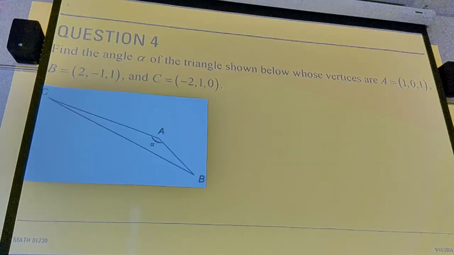But you have to remember, if you shift A to the origin, you're shifting the whole triangle to the origin, which means it's still the same triangle. I mean, you're not incorrect to do that. That still leaves you the problem of how you find alpha, because all you did was shift the triangle. So alpha still has to be found.